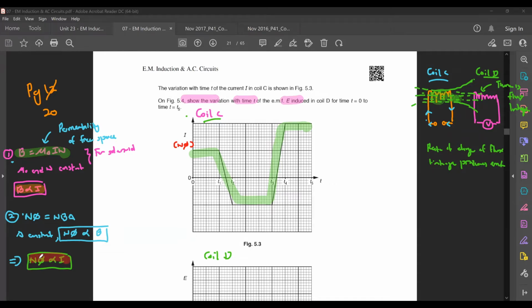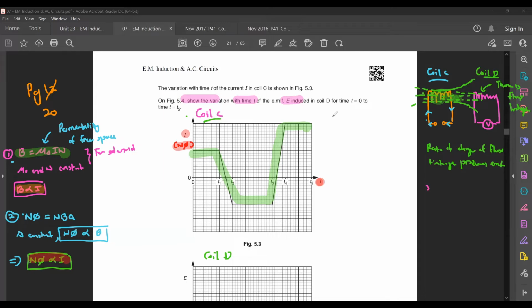If current increases, flux linkage increases. If current decreases, flux linkage will also decrease. So if a graph of I versus T gives us this, a graph of flux linkage versus time will also give us the same shape.